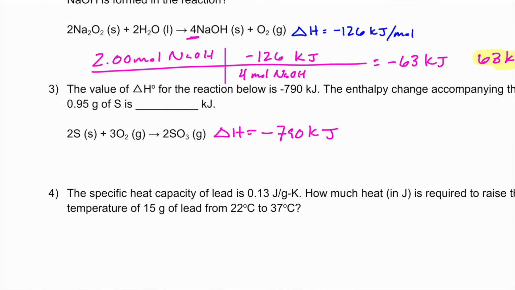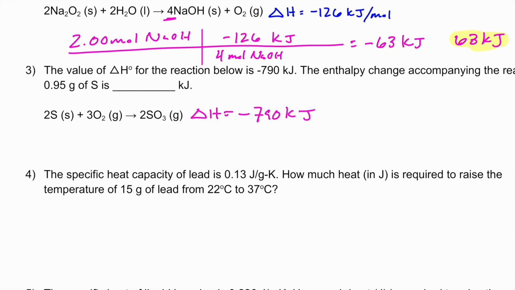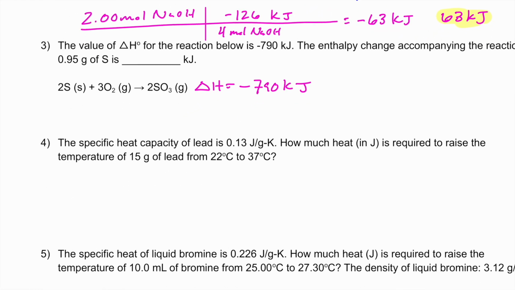So now what if I have 0.95 grams of sulfur? How much heat is going to be released? It is very similar to number 2. So let's pause it and see if we can figure that out.